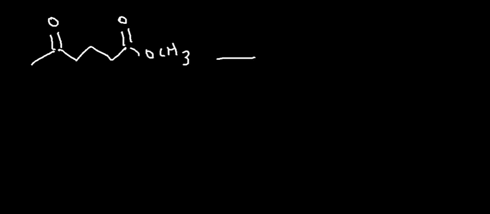But now let's work on a synthesis type of problem. Let's say we have a molecule that contains both a ketone and an ester. What reagents do we need to produce the following molecule?